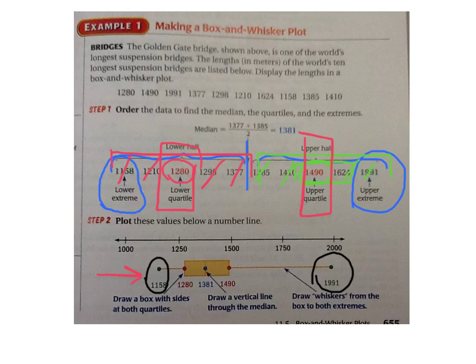Your upper extreme, which is your biggest number over here, and your lower extreme, which is your smaller number down here. And so the box and whisker plot is just showing those 5 key components: the median, which is this guy, the upper quartile, the lower quartile, the upper extreme, and the lower extreme.